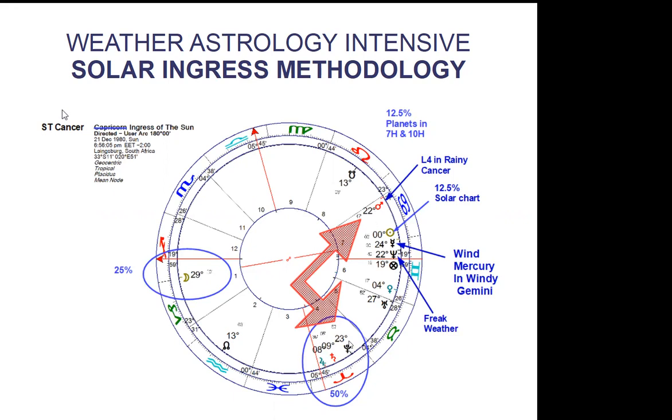So we must be alerted that something could happen here. We're not going to go into the Langsberg flood. I did that in the talk for the Cape Astrology Association, and we will look at big storm signatures later. But for now, this is how you must assess your own ingress chart.